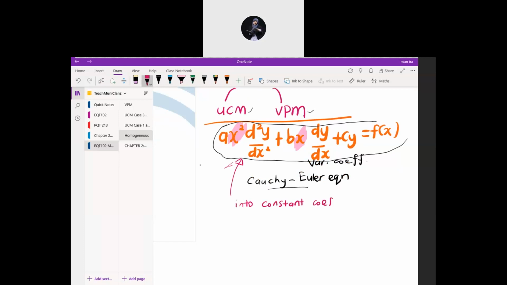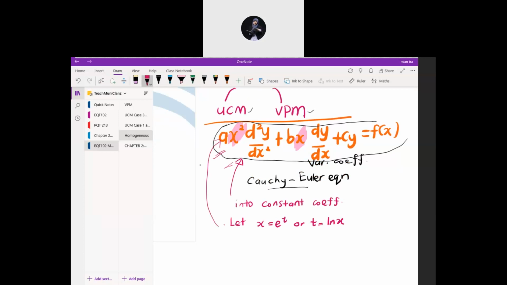How can we do that? You must do one substitution. Let x equal e^t, or t equals ln x, natural log x. Then substitute into this equation.